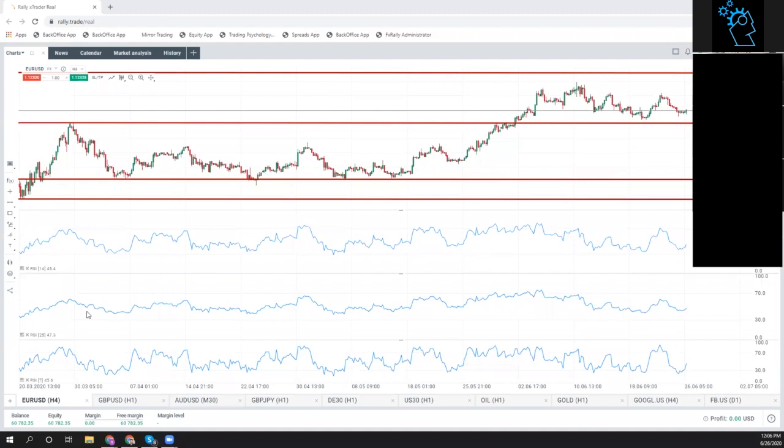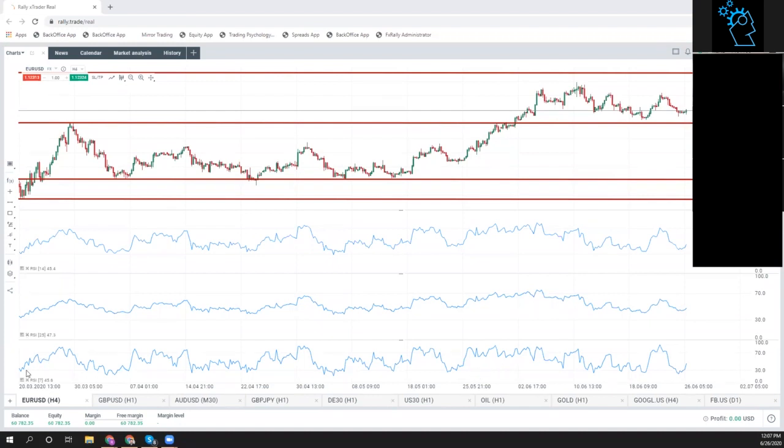But if, for example, you need to go on a higher time frame and you would like to look back for a longer period of time, then if you're using a 4 hour chart or daily chart, you should be looking at the 25 RSI. If you are going on lower time frames like M1, 1 minute or 5 minutes chart, then you should be using the 7 RSI because it's a bit more sensitive and it will help you a lot with price action on these time periods.